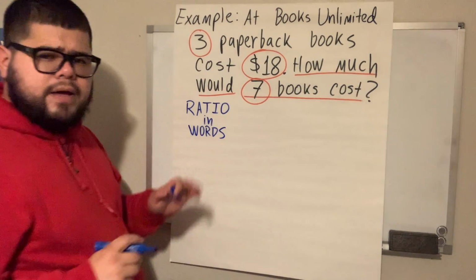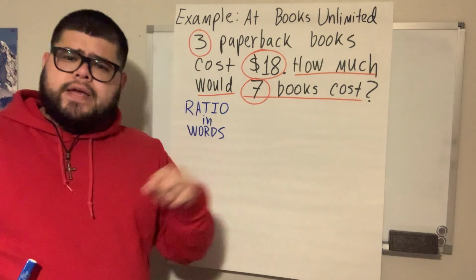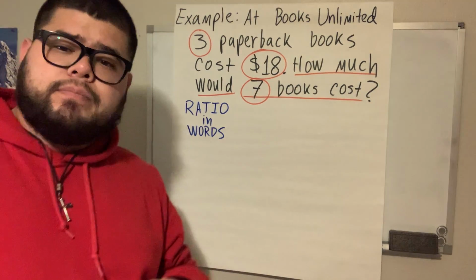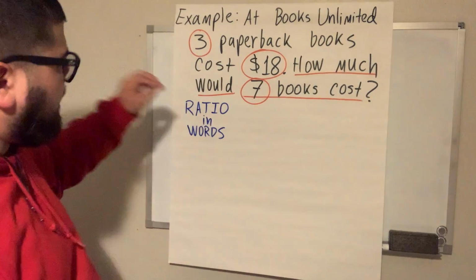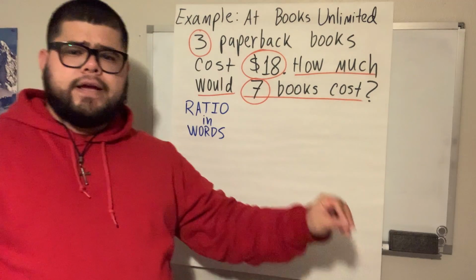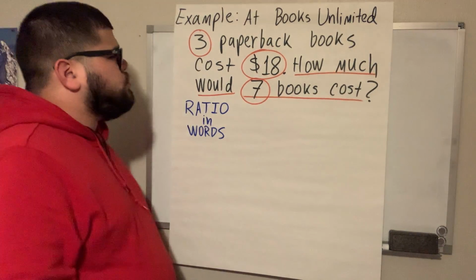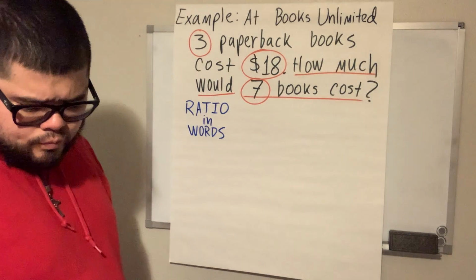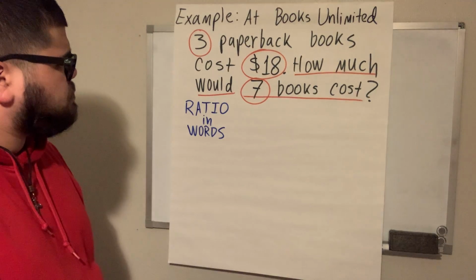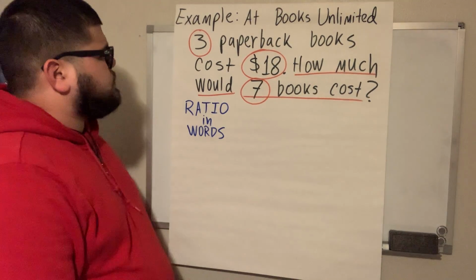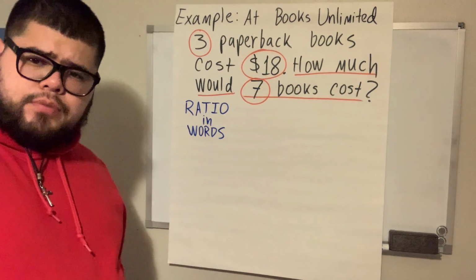We have to come up with the two things that are being compared in this problem. What two things are being compared? What relationship of two things do you see? The two things are cost and books.